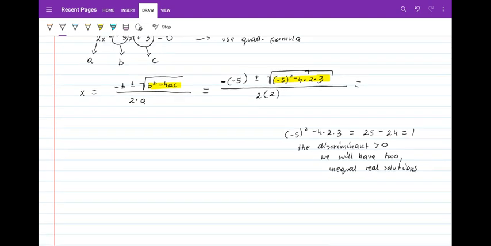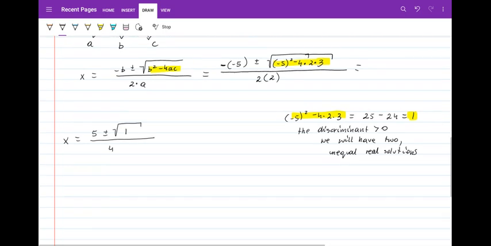So let's continue. So we have x equal negative and negative 5 will give you positive 5 plus minus, and that discriminant we simplify, we end up with 1. So I'm going to replace that with 1. Divide by 2 times 2, which is 4.